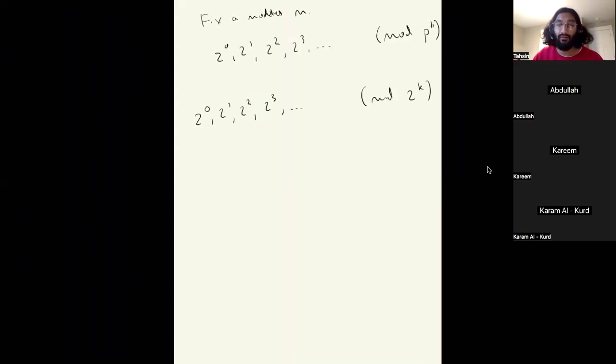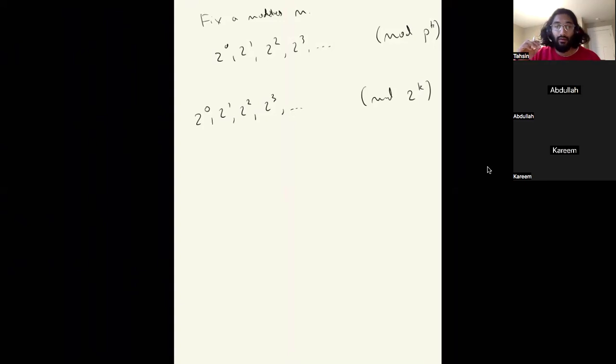How does it repeat? It doesn't repeat completely, but eventually it becomes constant.